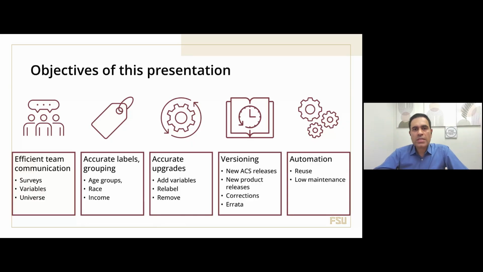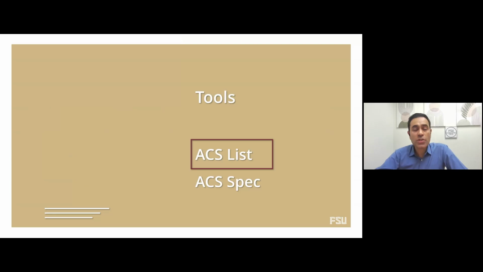And all of these can be achieved through conceptualizing automation into your own products, implementing automation by reusing code, reusing variables, reusing the Census's own products, own publications, in a way that generates the lowest maintenance possible for your products and for the new versions of your products.